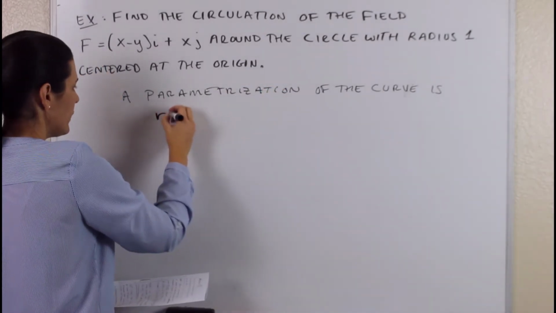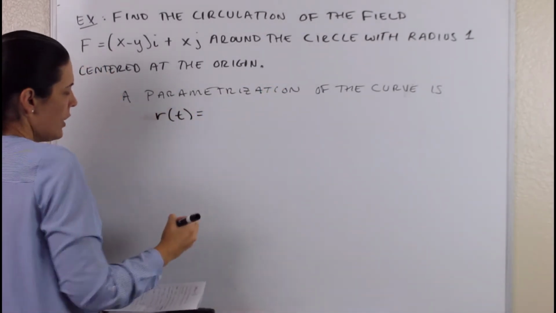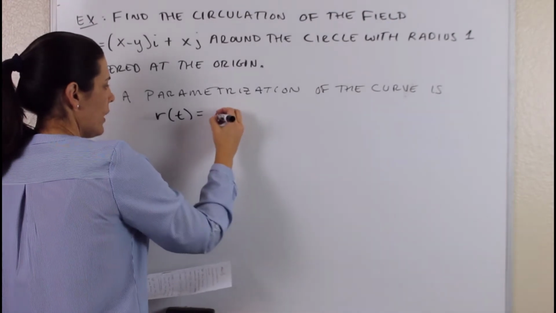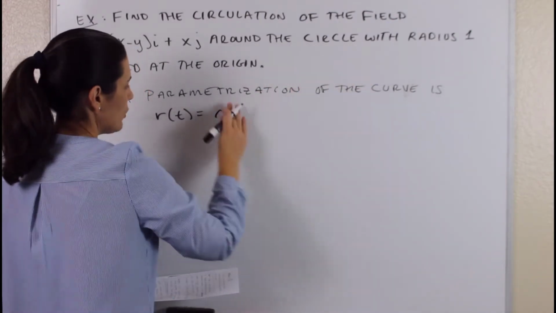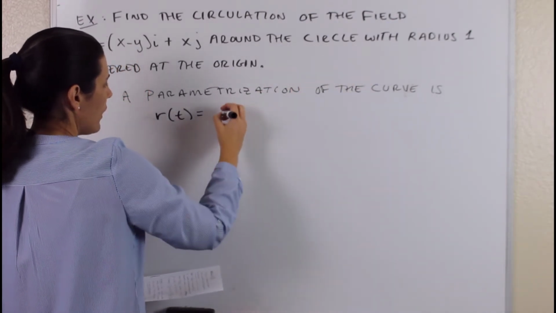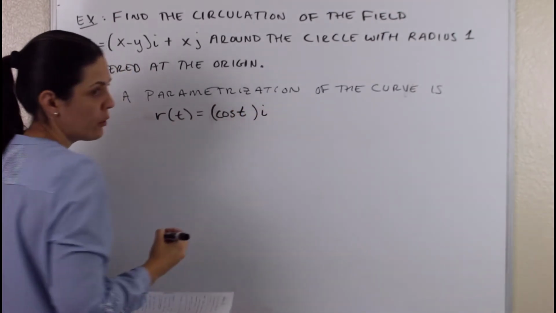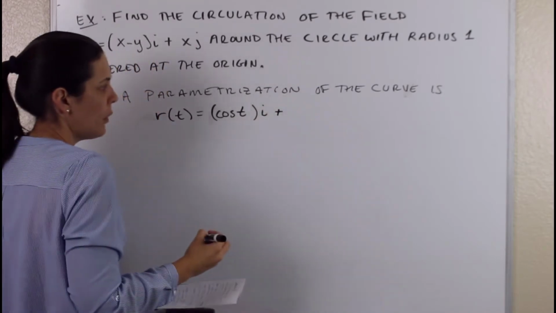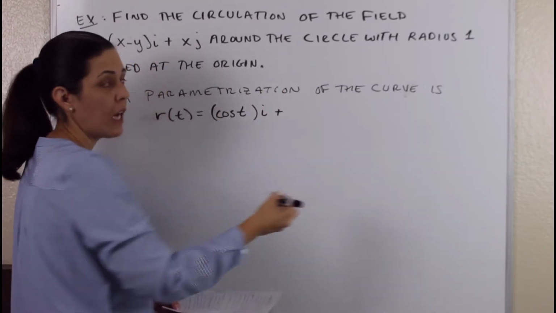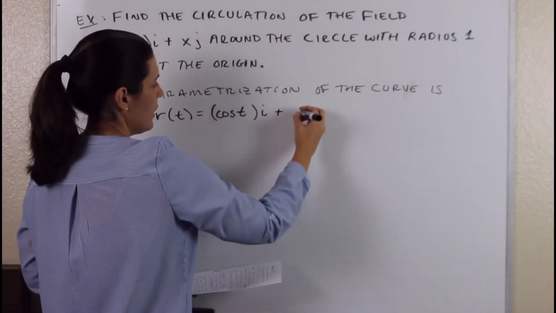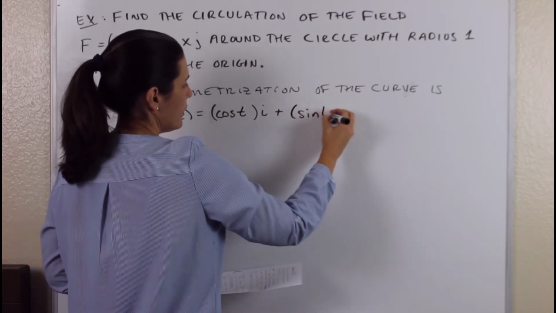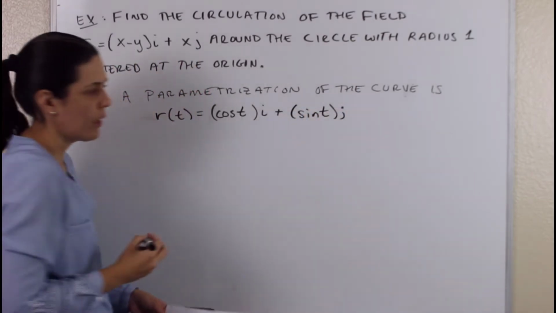I'm going to put those together and call it r of t. Our x component would be a, which is our radius 1, so 1 cosine t for the i direction. And then our y component would be a sine t, but a is 1, so sine t in the j direction.